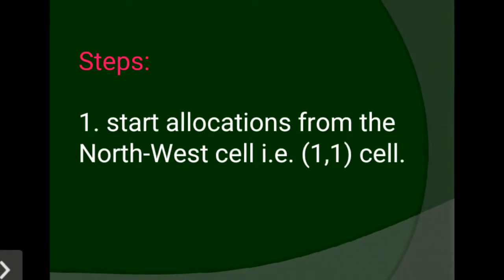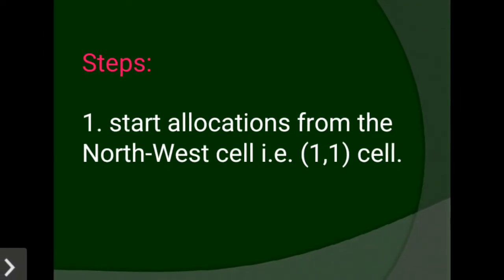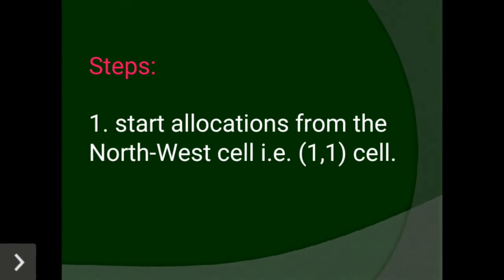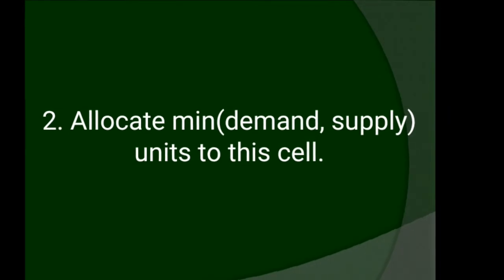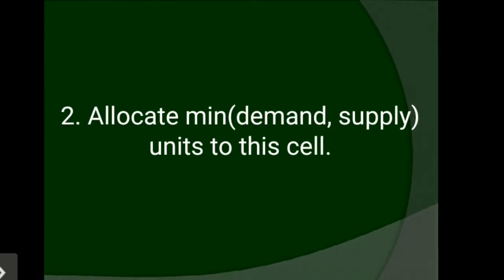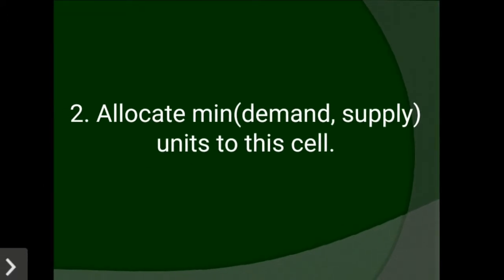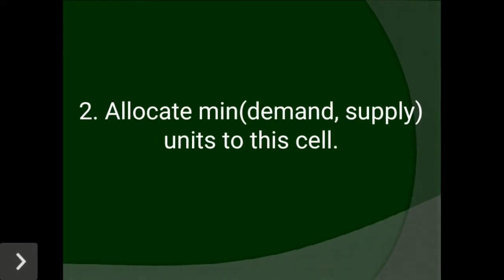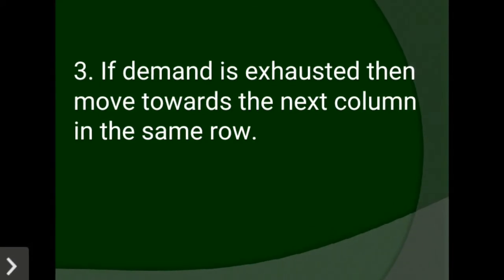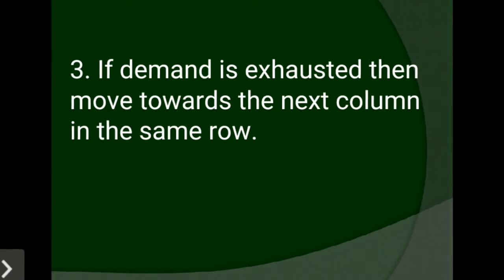Start allocations from the northwest cell, that is the 1 1 cell. Allocate minimum of demand and supply units to this cell. If demand is exhausted, then move towards the next column in the same row.